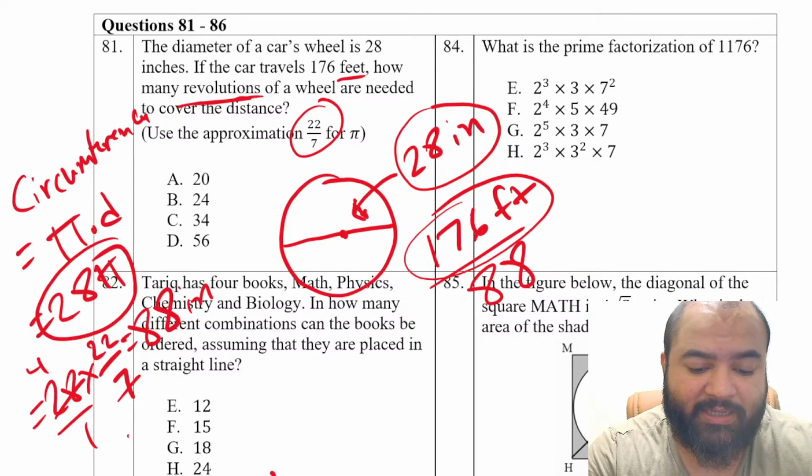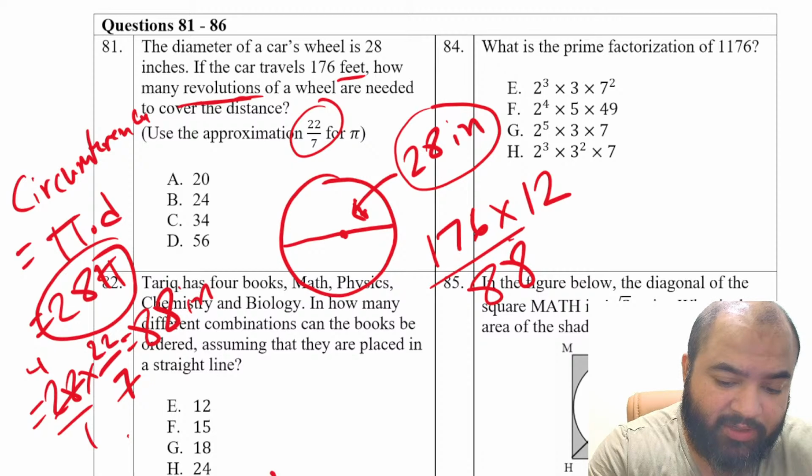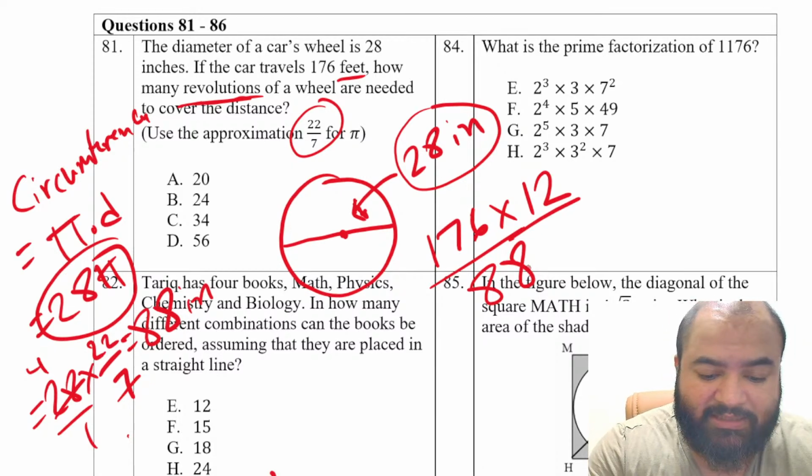Yeah, the feet thing. So I can just multiply 176 by 12. Now they're all inches. And whatever the answer will be, we can simplify things.